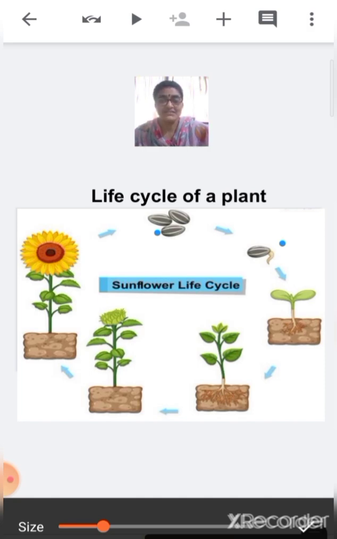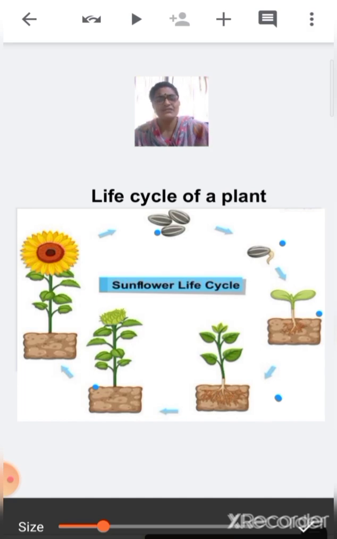And after some days, small shoots come out of the seed like this. You all can see here the seed has sprouted and the small baby plant has started coming out of the seed. Then after some days it grows bigger and bigger and then it turns into a big plant like this.